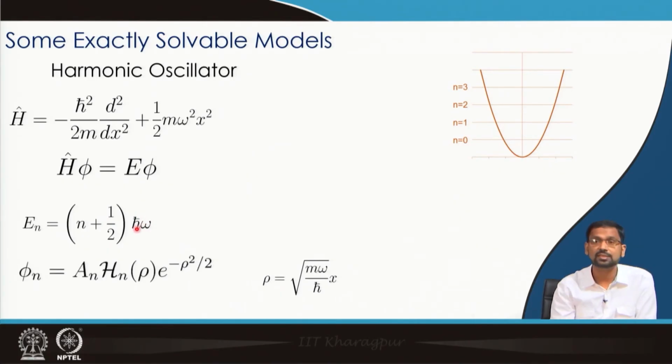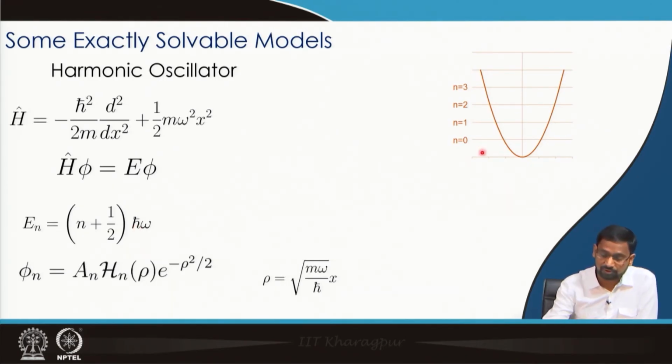This energy is called the zero point energy. That is the energy of the lowest state, which is actually not 0. Even when the system is in its ground state, it still has some energy, and that energy is the zero point energy. In this case, it is half h bar omega.